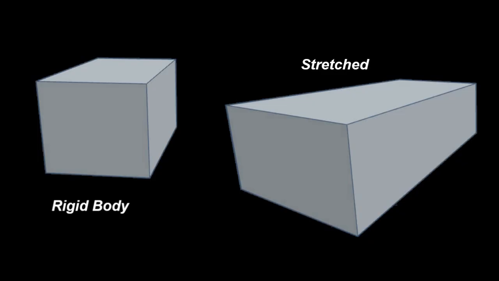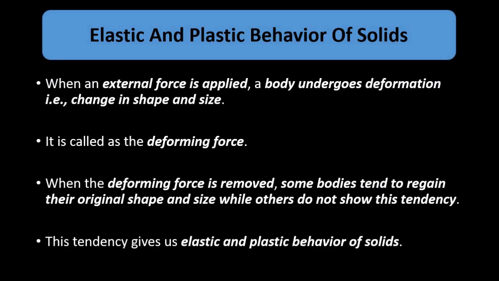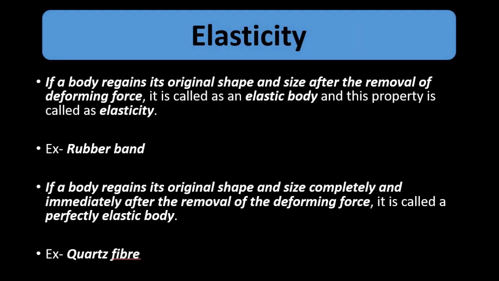But as soon as the deforming force is removed, if it returns back to its original shape and size, then it is called elastic behavior. That means the deformation, the change in dimension, is temporary in nature. As long as the external force is continuously applied, it stays in that deformed state, and as soon as the deforming force is removed, it returns back to its original shape and size. So this property of temporary deformation is called elastic behavior.